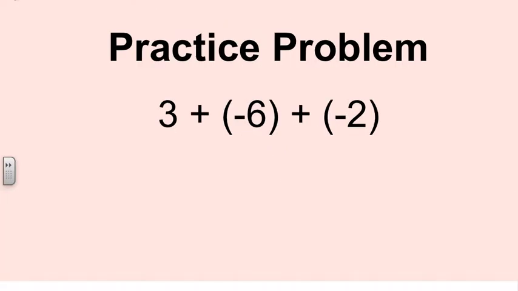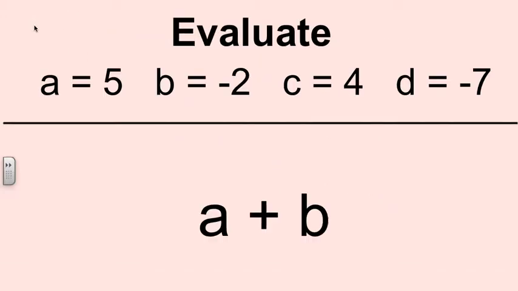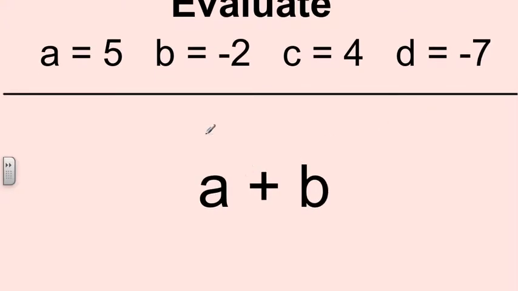Go ahead, try this one on your own really quick. Hit pause when you come back. I hope you got an answer of -5. Here we have to plug in some values. Again, to evaluate, I'm going to replace 5 with this A. I'm going to replace -2 with this B. I notice that there are more positive values than negative values, so my answer is going to be positive, and that there are 3 more.